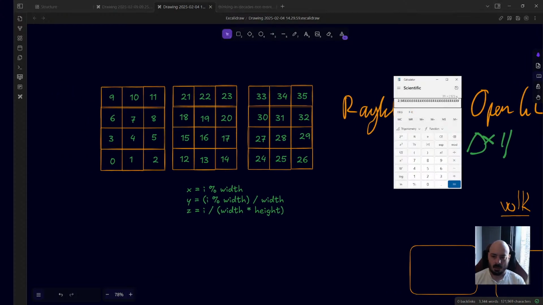So I've got here 31 divided by 12 is 2.5, and this is the second layer, yeah.